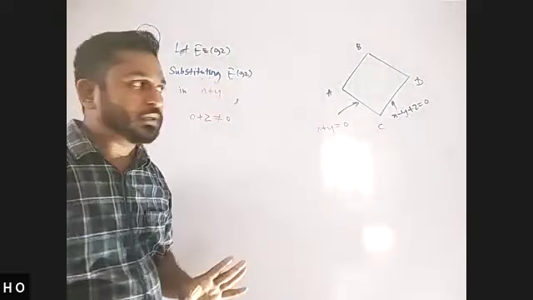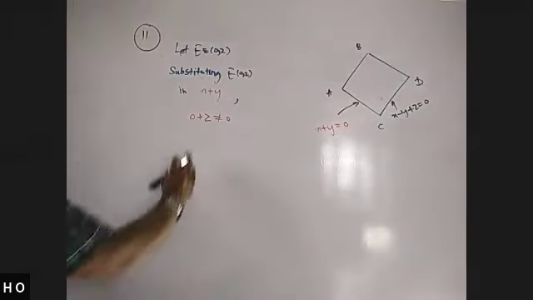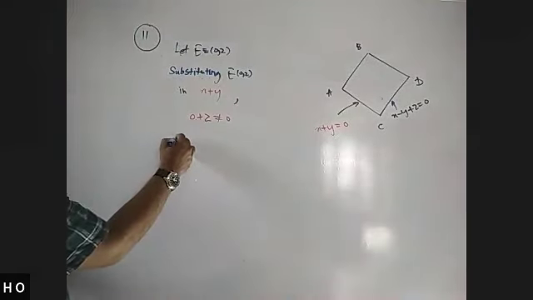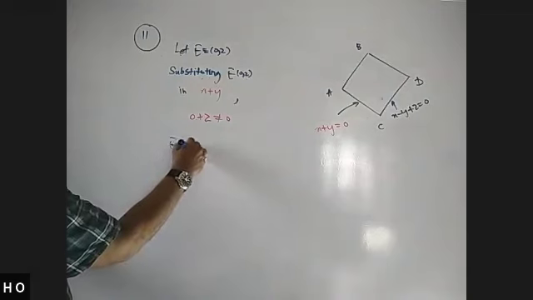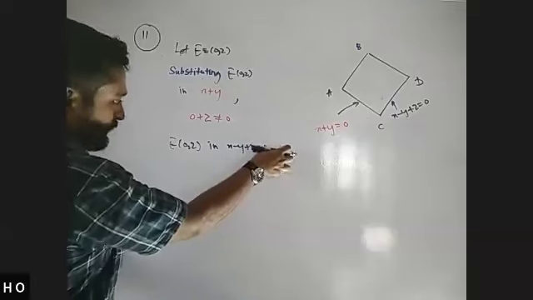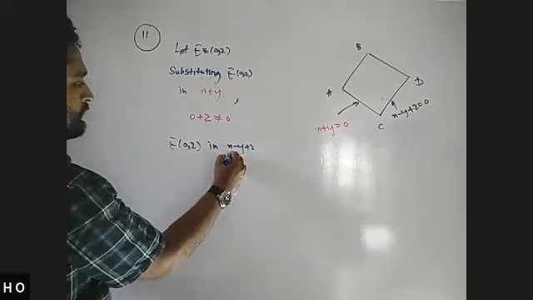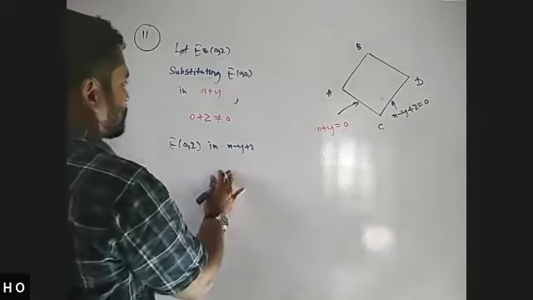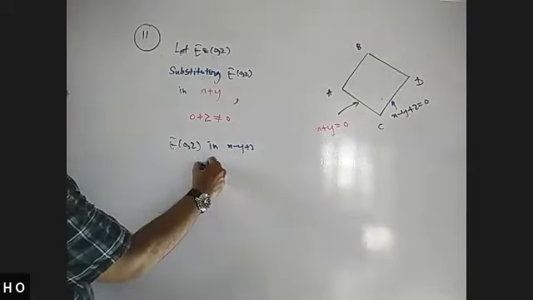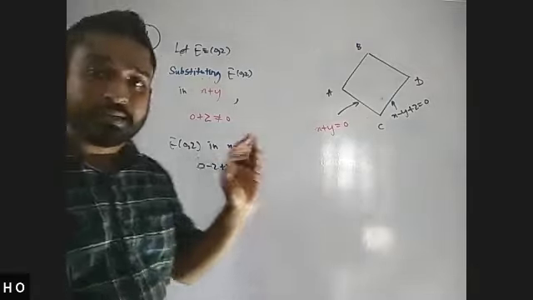Next, we substitute E (0, 2) in x minus y plus 2. After substituting, 0 minus 2 plus 2 is 0. So that is on CD.